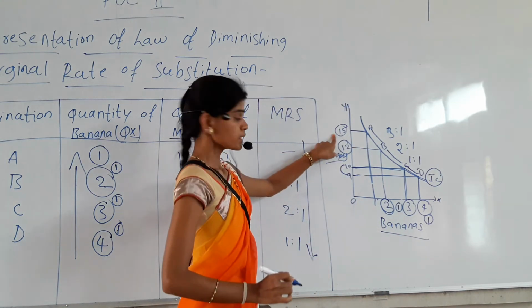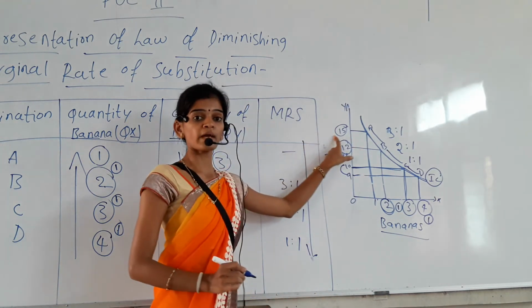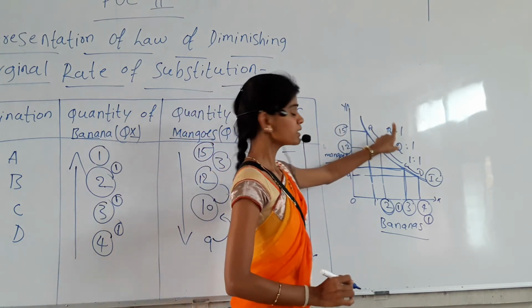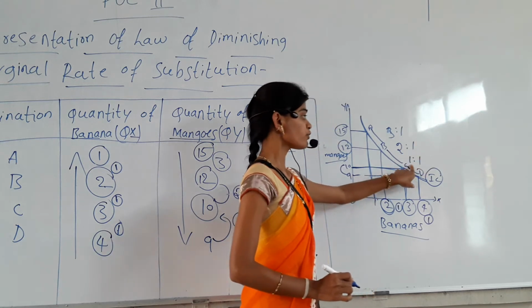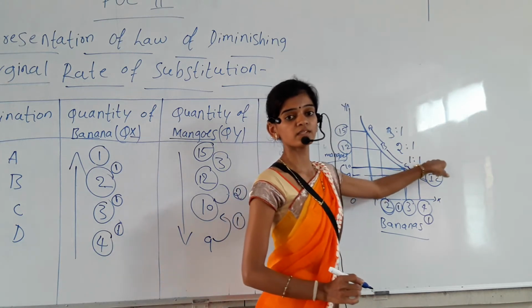So here 3 mangoes are forgone for 1 additional banana. Next, 2 mangoes are forgone for 1 additional banana. For 1 additional banana, 1 mango is forgone.